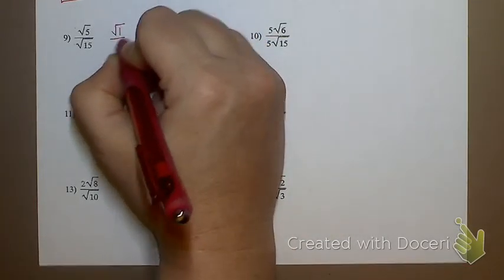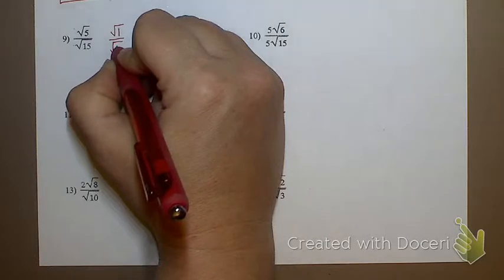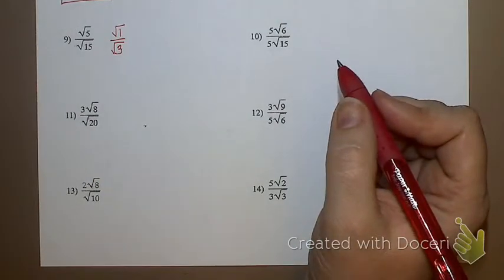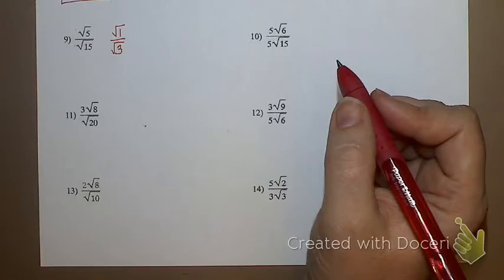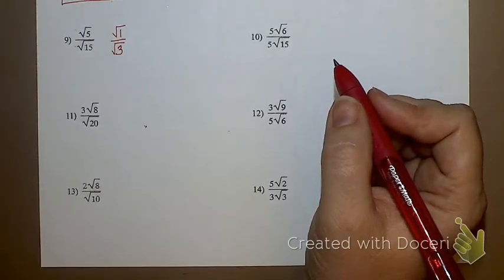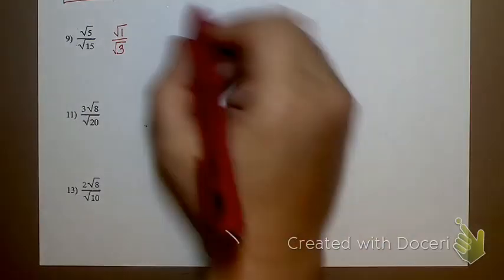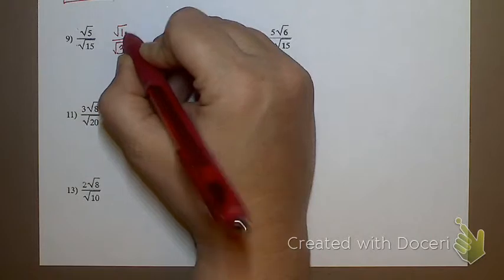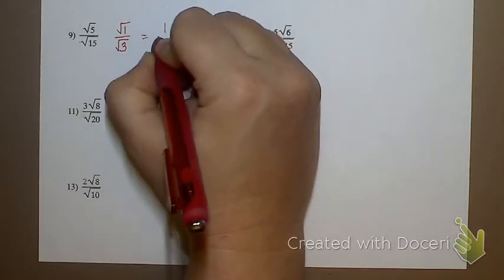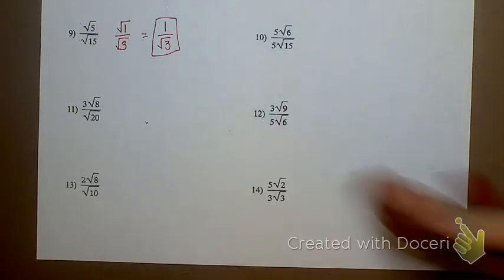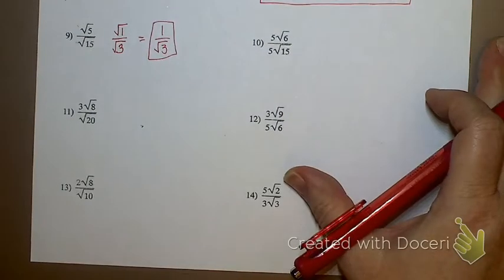Square root of 1 over square root of 3. Are either of those things that I can actually take the square root of? No. You sure? What's the square root of 1? 1, right? Isn't the square root of 1 1? So I actually want to go to here. So if I can take the square root, take the square root.